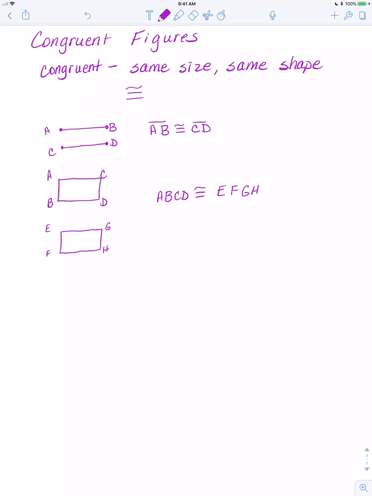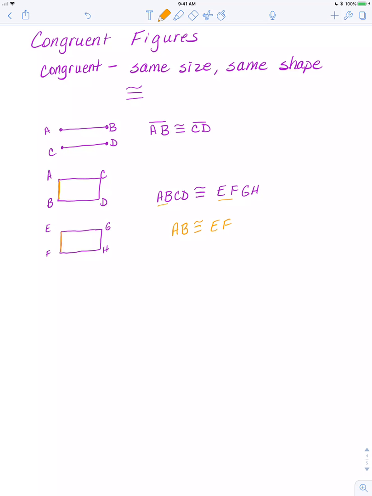So if I say this AB is the same line segment, what line segment on EFGH would it be congruent to? Well, it's going to be this one, EF. Notice they're in the same position. They're the first two letters. So those are the two parts that have to be congruent.